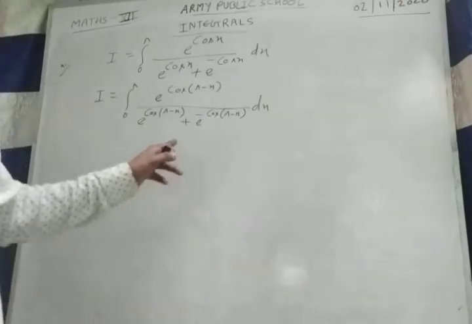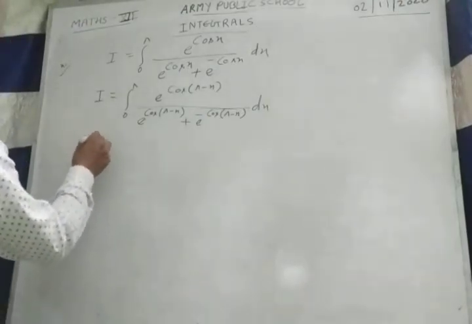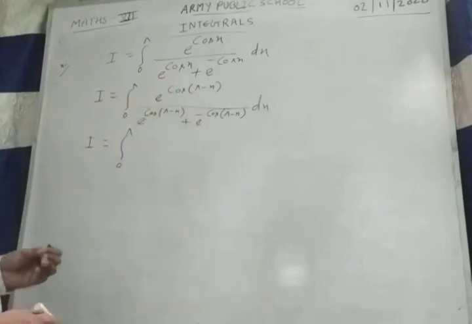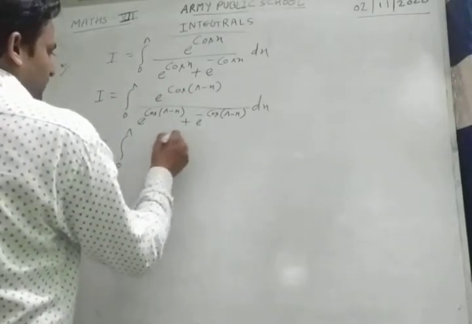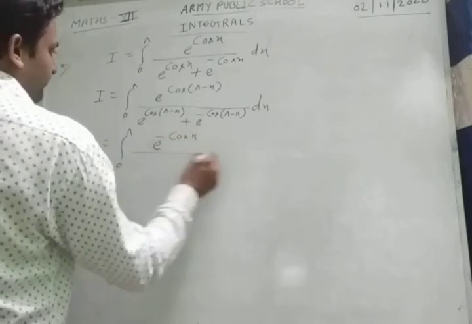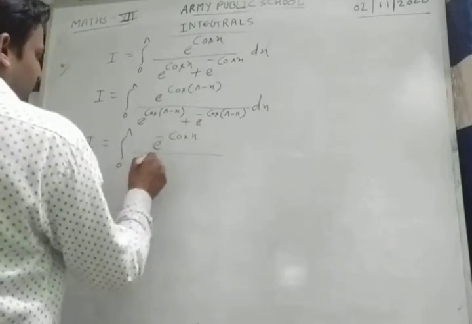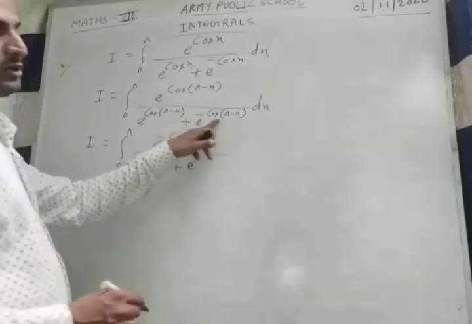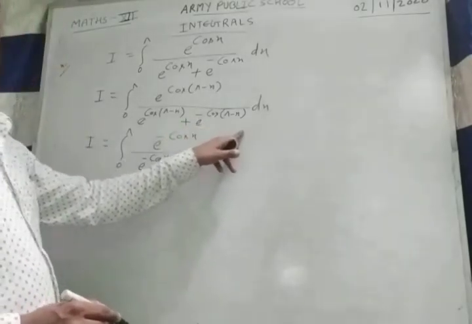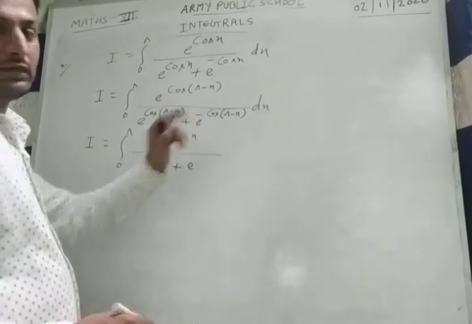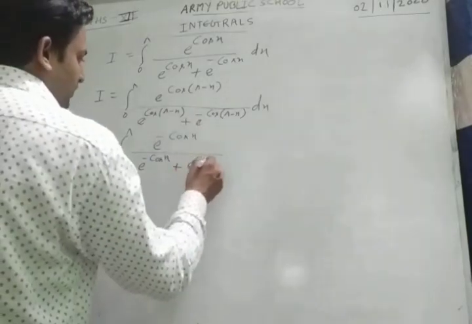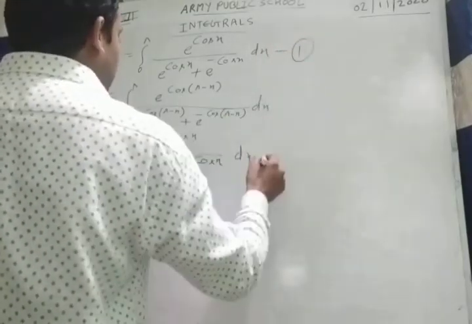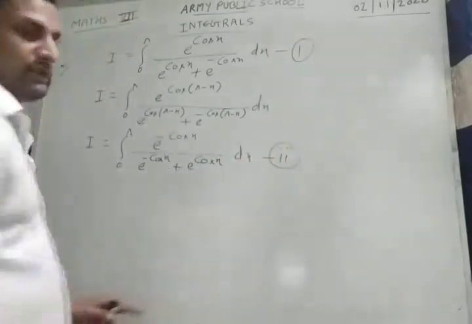Okay, now we write, cos(pi minus theta) is minus cos theta, so we write e to the power minus cos x divided by e to the power minus cos x plus e to the power cos x, since minus and minus will be plus. This is equation first and this is equation second.